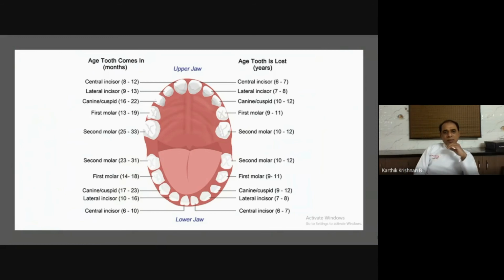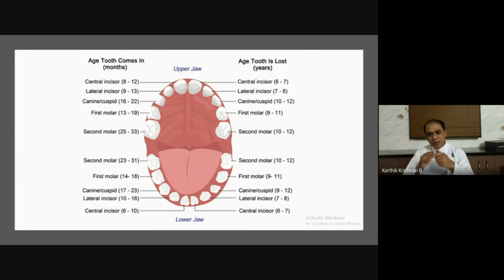Usually the first permanent teeth to erupt are the first molars in the lower jaw, then the incisors, then the lateral incisors, then in the lower jaw the canines erupt. In the upper jaw, the first premolars erupt, then the second premolars, then the upper canine, then the lower premolar, then the second molar, then the third molar.